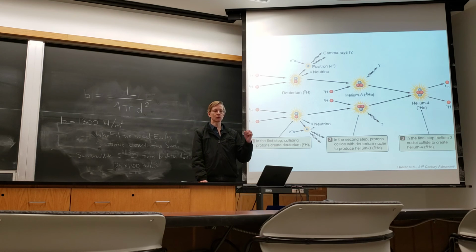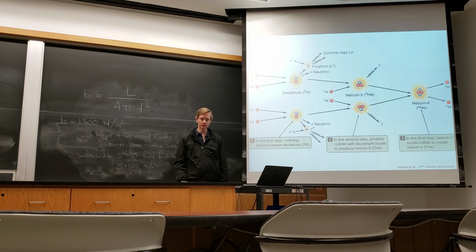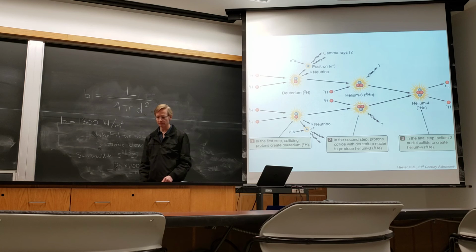Neutrinos formed in the core of the sun pass through the sun without being slowed down. They just go right out to the surface. Takes them about 2.5 seconds or so to reach the surface, and then another 8 minutes or so to reach Earth, 8 minutes, 20 seconds to reach Earth.